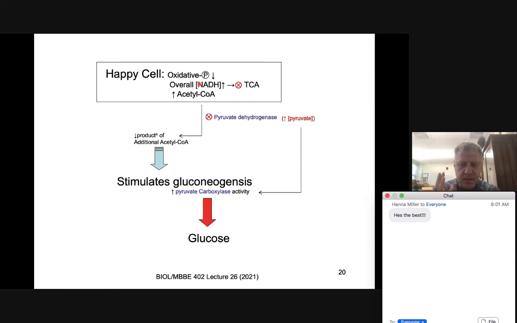But the TCA cycle has to be fed from the glycolytic pathway by pyruvate, and that is basically going to be changed into a compound which we already know, acetyl-CoA. So in a happy cell, we're going to see an increased concentration of NADH overall, which will inhibit the TCA cycle.